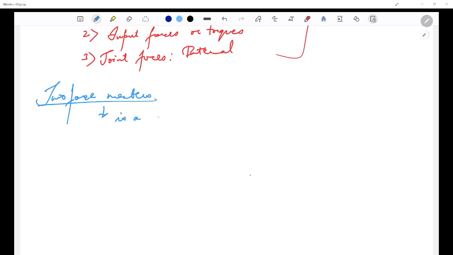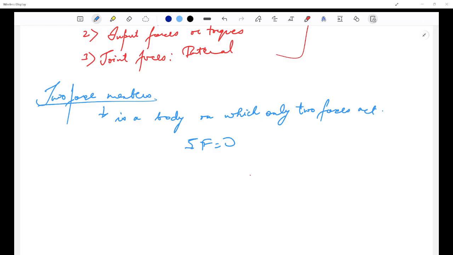So what is a two force member? It is a body on which only two forces act. Examples are connecting rods or certain coupler links or tension rods. So for equilibrium, sigma F is equal to 0. If only two forces act, then they must be equal, they must be opposite, they must lie along the same line.